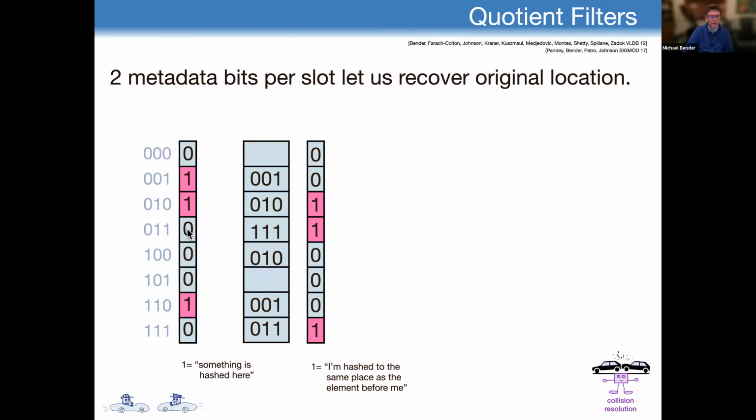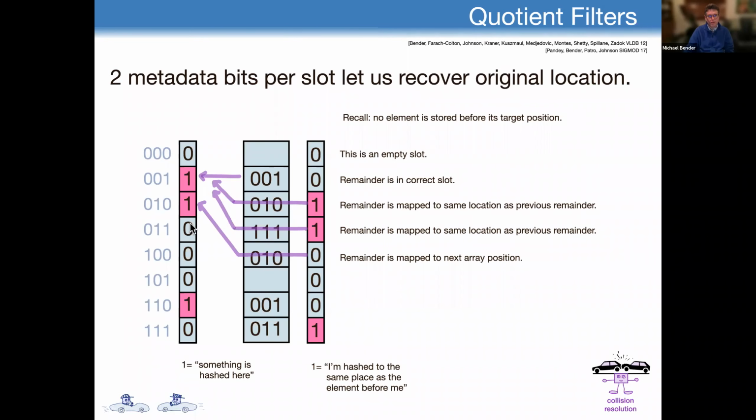Oh, if something is inserted here at 100. Right, that's a good question. So we're actually storing all of these elements in sorted order, basically using Robin Hood hashing. And so if we would store something in 100, if it's going to go in this position, then, well, this remainder is already used.